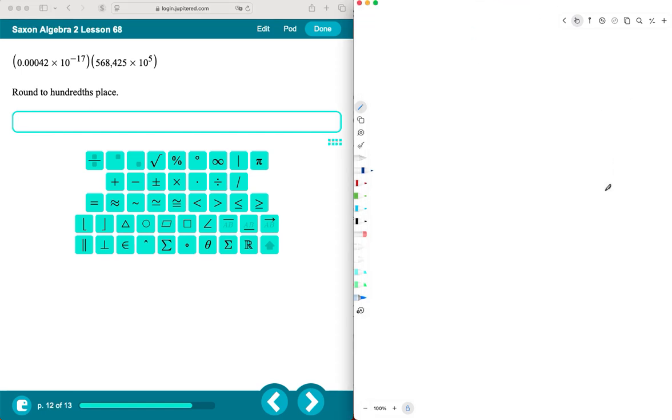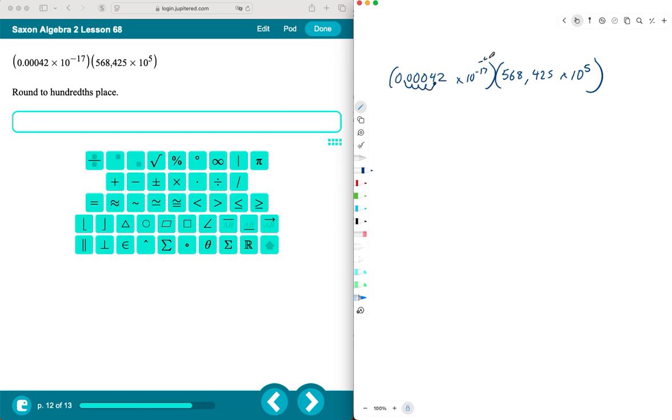So we're going to do some more scientific notation. So it's not written in proper scientific notation, so I'm going to just write it out here just to make it easier to count the places. Okay, so 1, 2, 3, 4. That's where we want it.